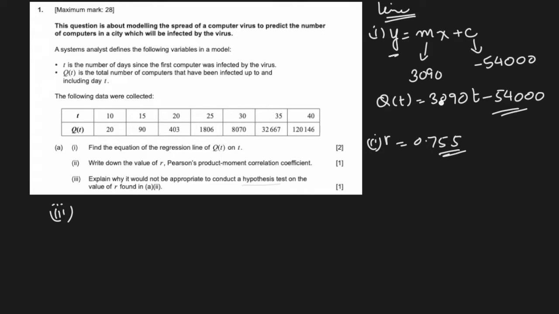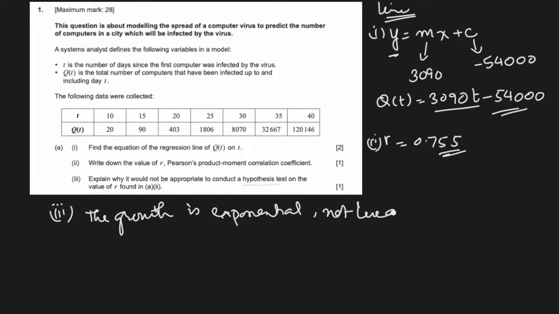So we wrote a linear equation, but the growth is exponential, not linear. Or we can say that the distribution is not normally distributed, if you remember, the frequency was 1 for each.